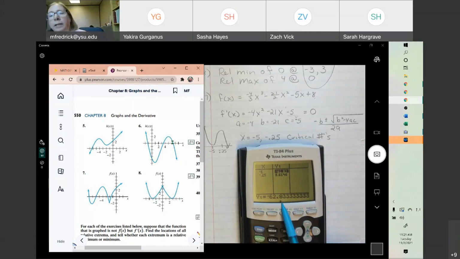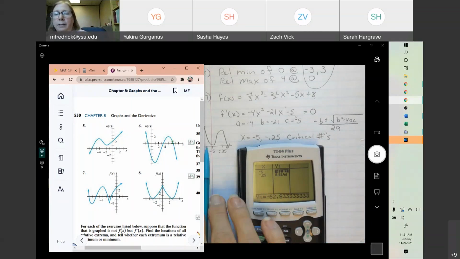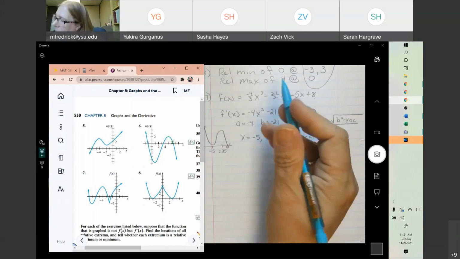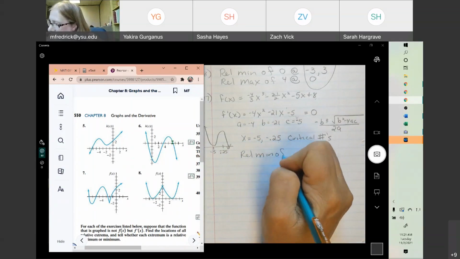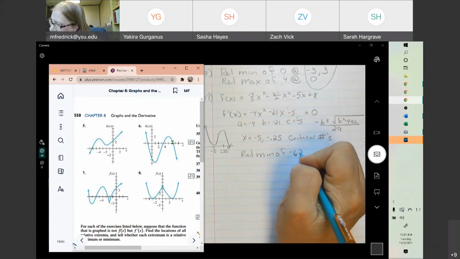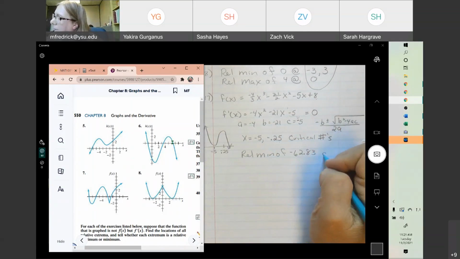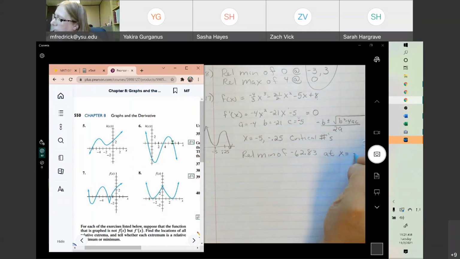If you need more decimal places, you just highlight it. So it's a negative 62.83. And that's a min. So there's a relative min of negative 62.83 at negative 5.